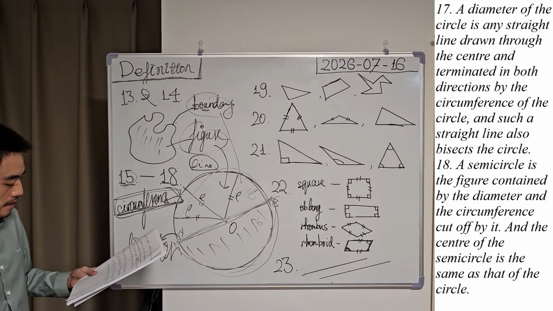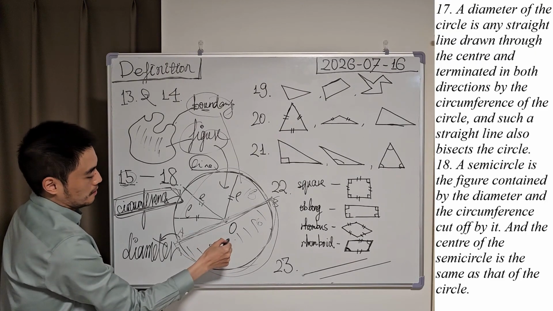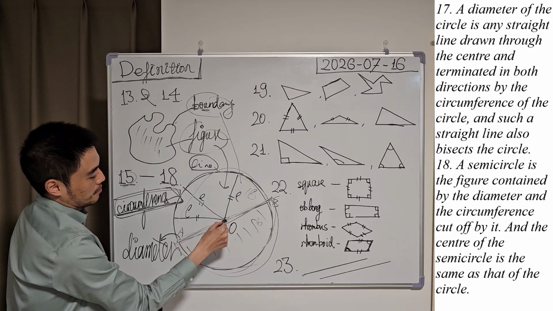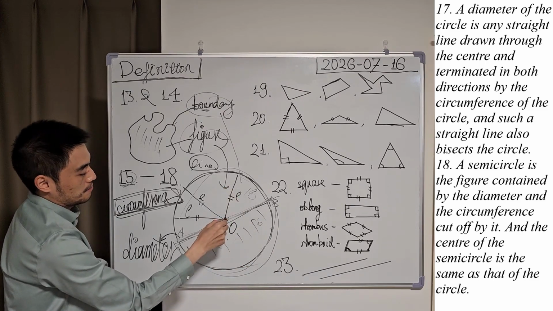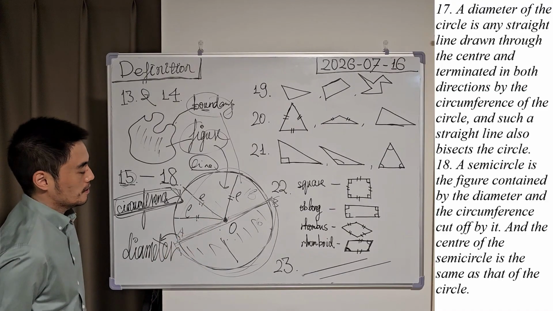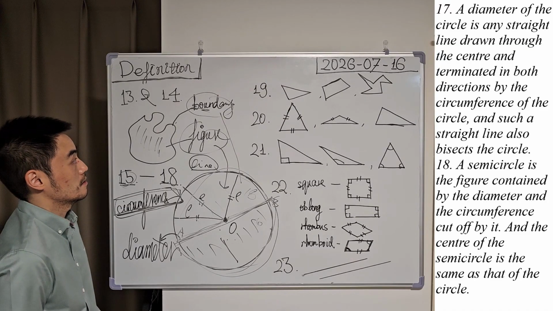It also defines that the center of the semicircle is exactly the same as the center of the circle, which is point O. It is both the center of the circle and the center of this semicircle and this semicircle. Okay, so we have finished some definitions about the circle.